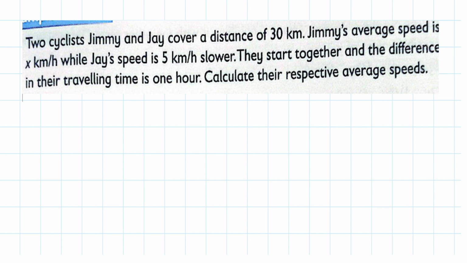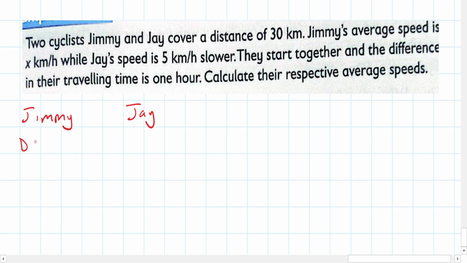Okay, as usual, we must arrange things stepwise. Now, you know these two cyclists, Jimmy and Jay. They cover a distance of 30 kilometers. So let's take Jimmy and then let's take Jay.